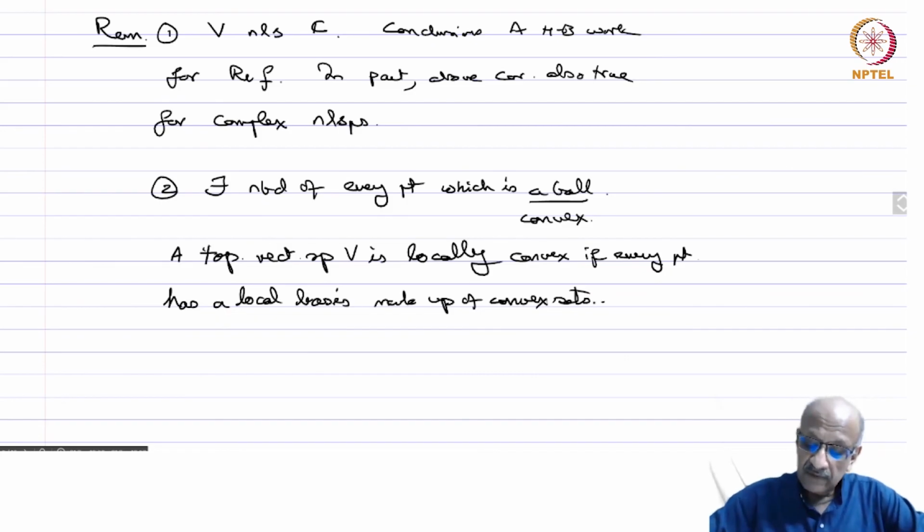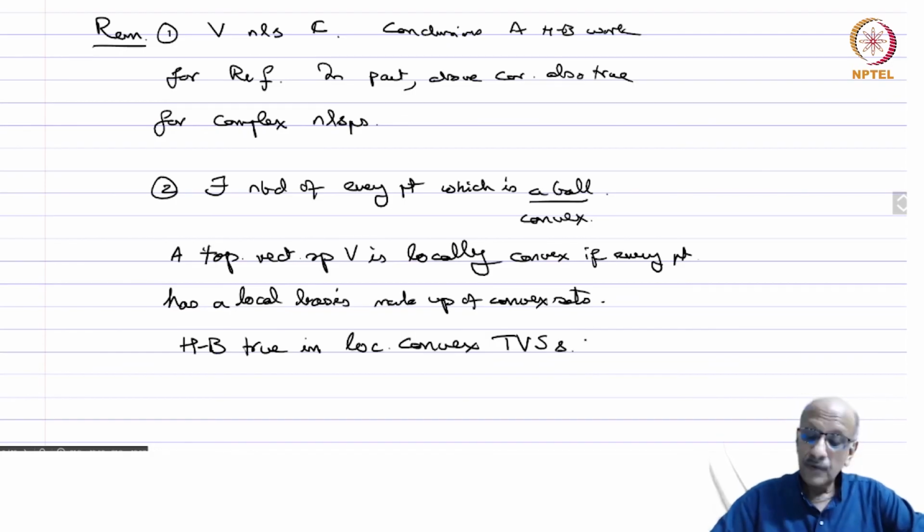Normed linear spaces are trivially locally convex because the neighborhoods are all balls, balls are all convex sets. If you have this, then the Hahn-Banach theorem is true in locally convex topological vector spaces.